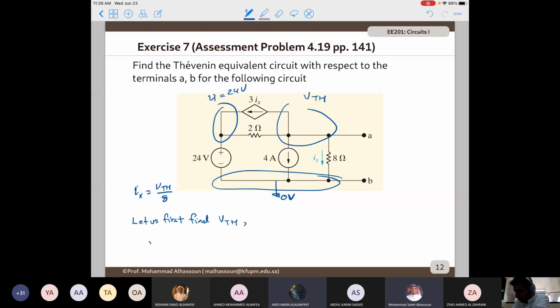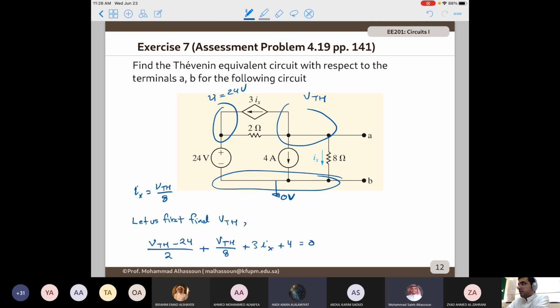V Thevenin minus V1 over 2, plus 3Ix, plus 4.